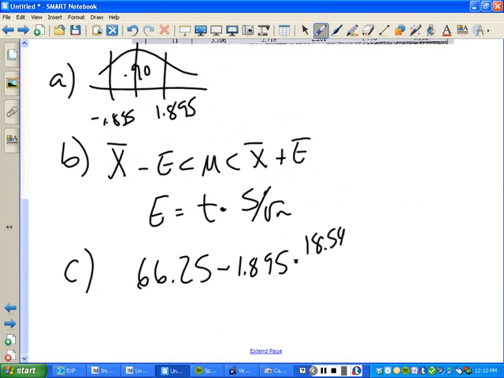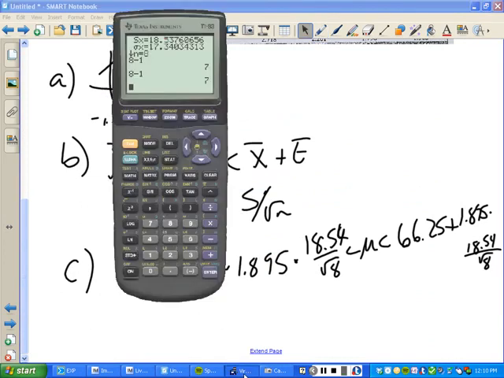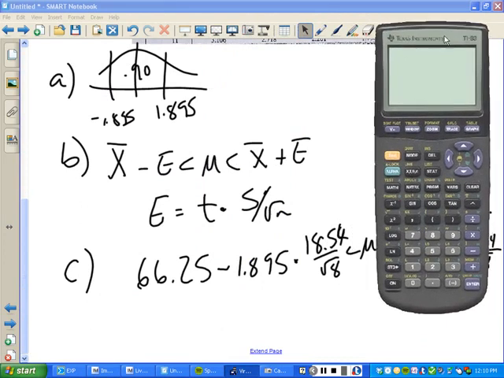Divided by the square root of 8 is less than mu, which is less than 66.25 plus 1.895 times 18.54 divided by the square root of 8. Let's type this in and we'll see what we get. 66.25 minus 1.895 times 18.54 divided by square root of 8.